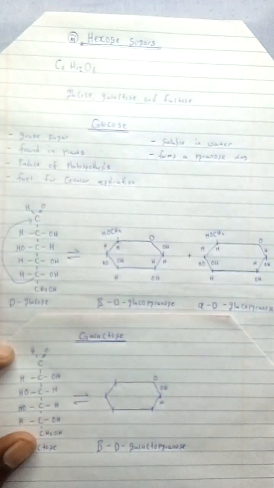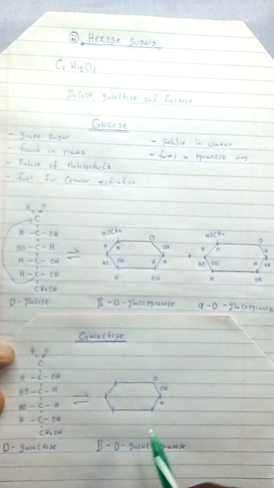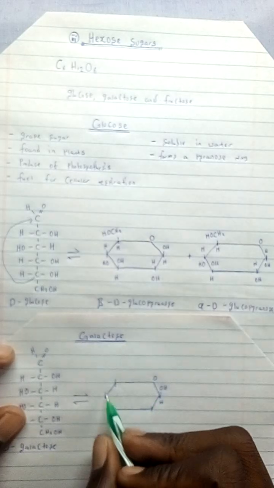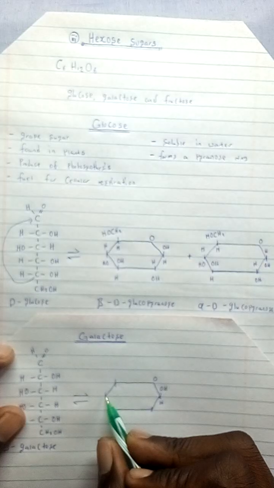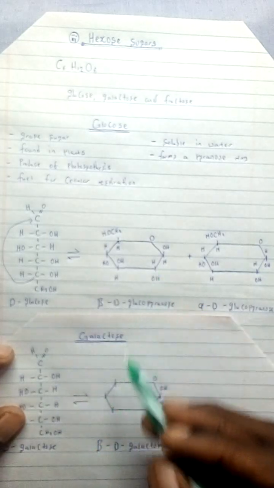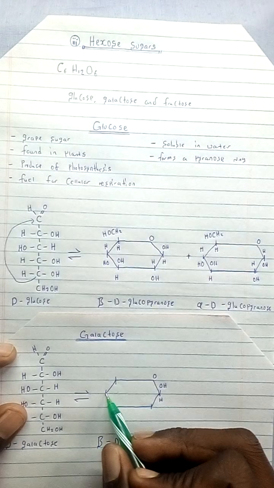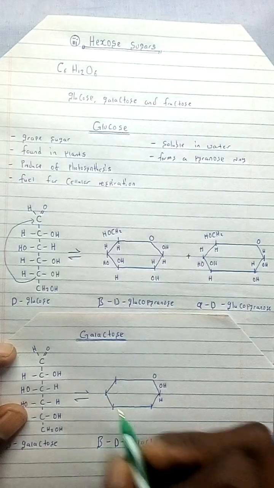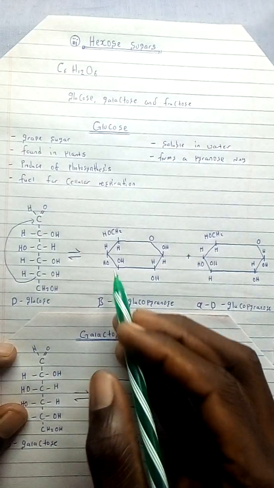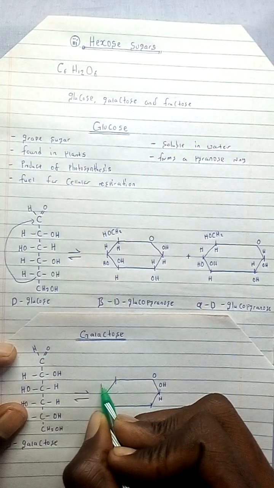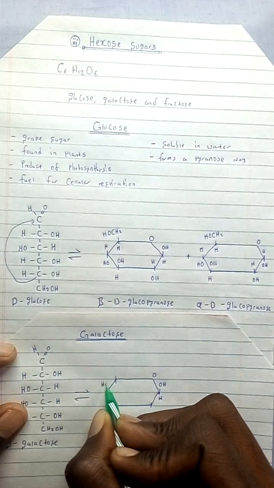All right, guys. So we'll go on carbon number 4, because we know that the only difference between glucose and galactose is on carbon number 4. The OH group on glucose is down, so here it will be up.